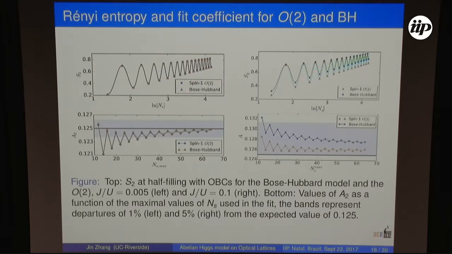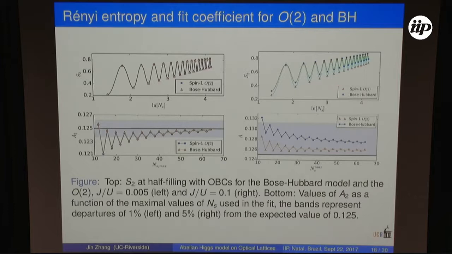So here there are two graphs. This one is for J over U equals 0.005, so J tilde over U tilde is 0.01. We can see that the Renyi entropies are nearly the same for lattice length up to 16.